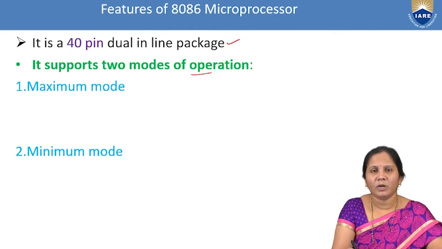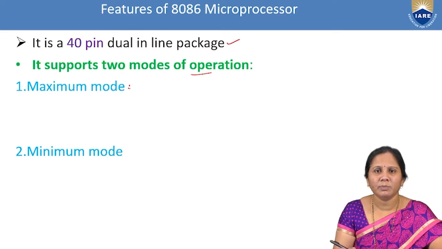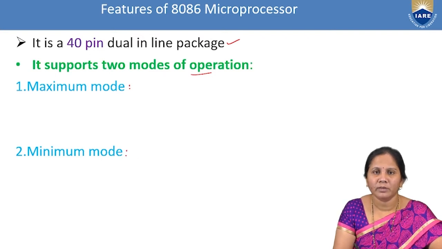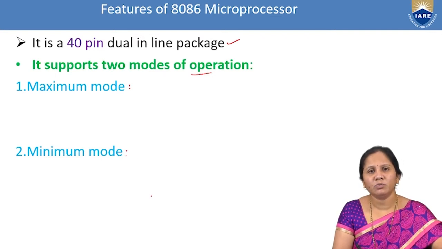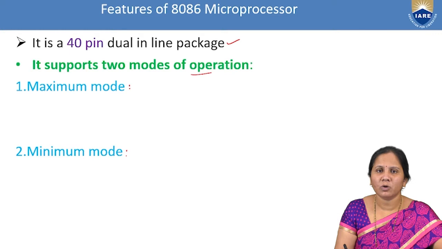Maximum mode is suitable for a system having many processors, which is why it is also called multiprocessor mode. The minimum mode is suitable for a system having a single processor, so it is called uniprocessor mode.